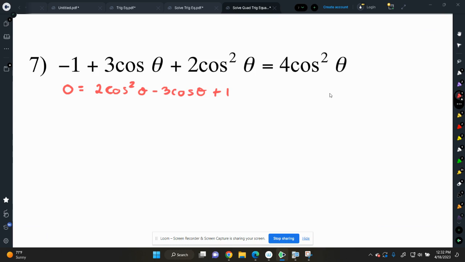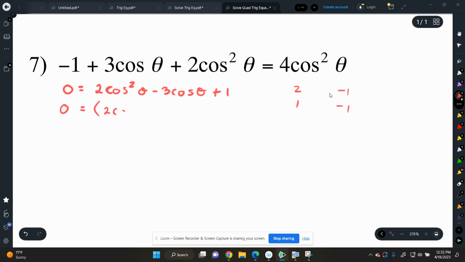Okay, factoring this, we've got 2 and 1, 1 and 1. These have to both be negative. So it's going to factor as 2 cosine theta minus 1 times 1 cosine theta minus 1.